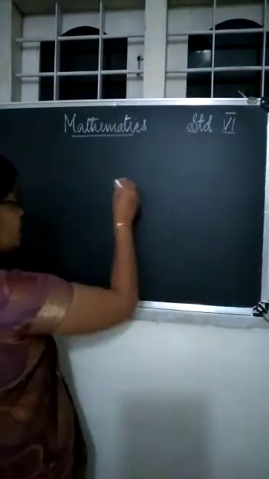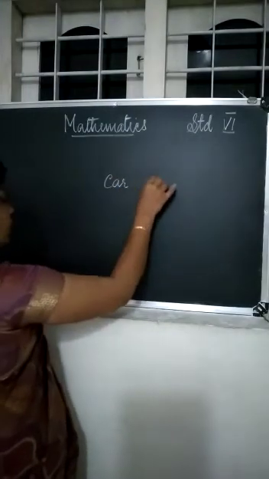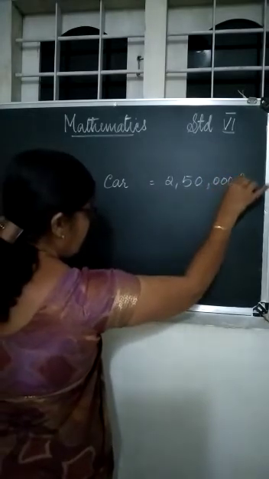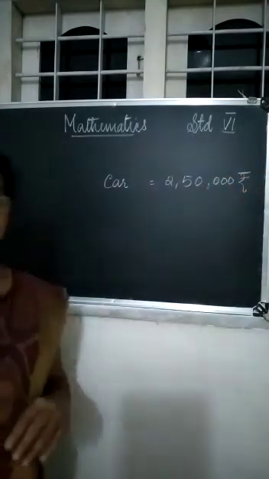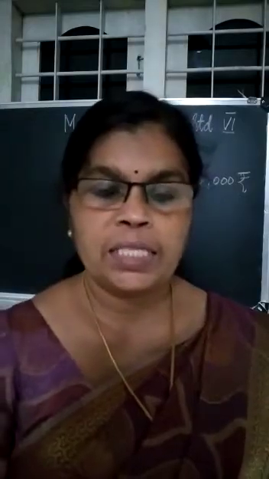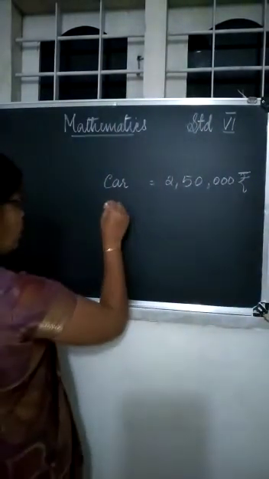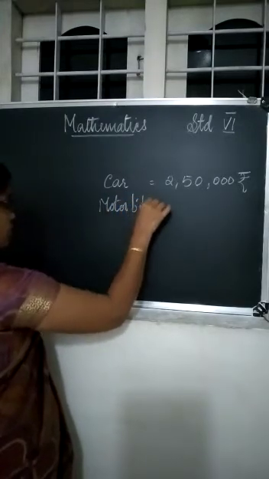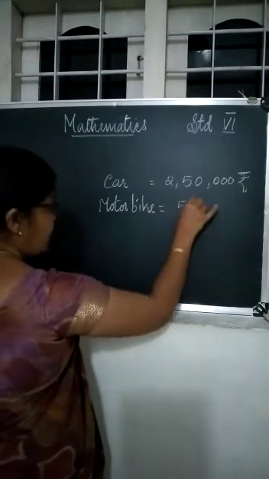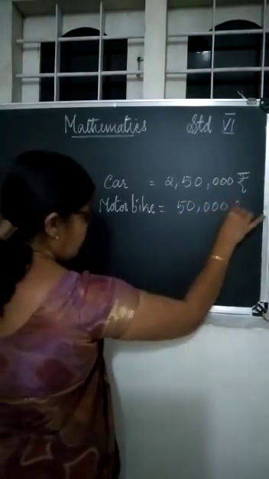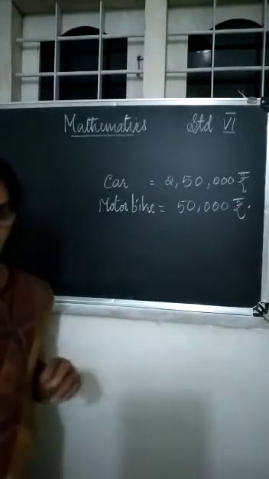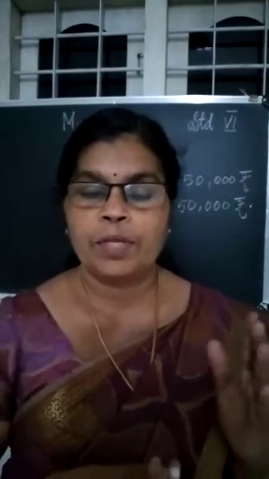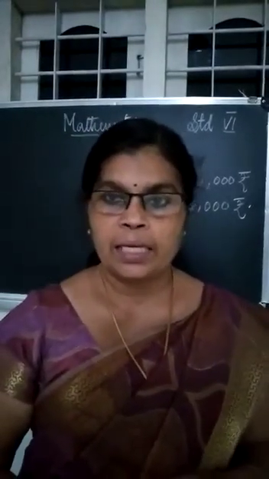And the cost of a motorbike is 50,000 rupees. Here we have to compare these two, the cost of the car and the cost of the bike.